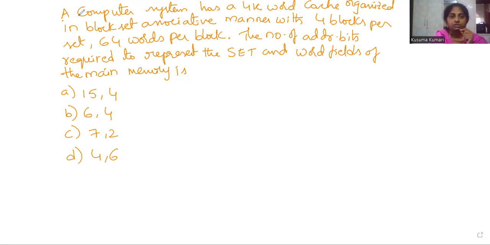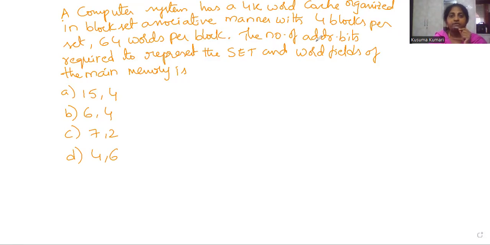Here the question is: a computer system has a 4 kilo word cache organized in the block set associative manner with 4 blocks per set, 64 words per block.